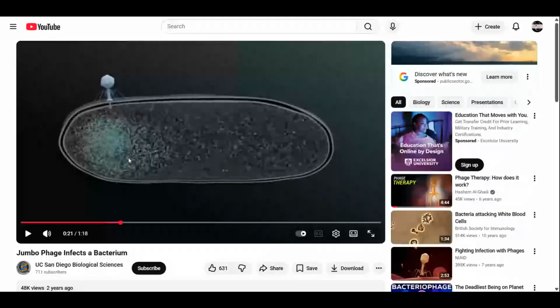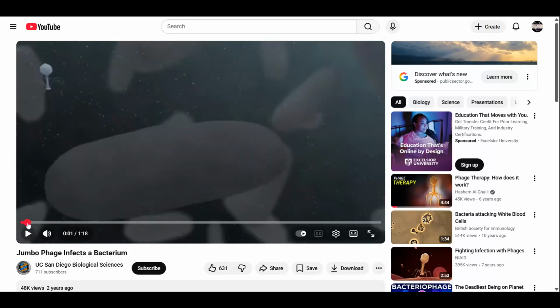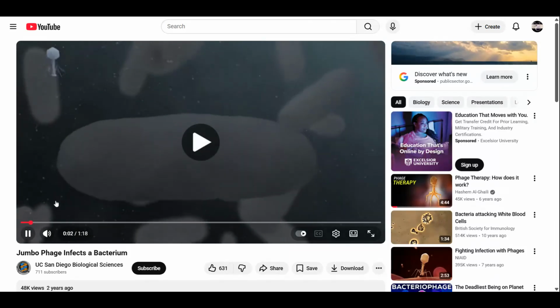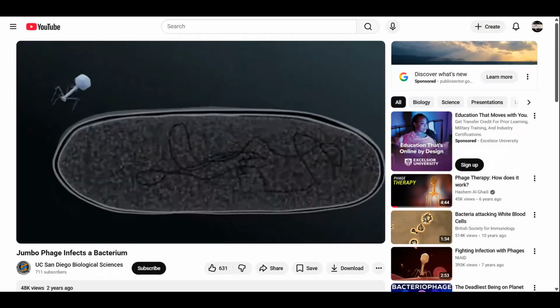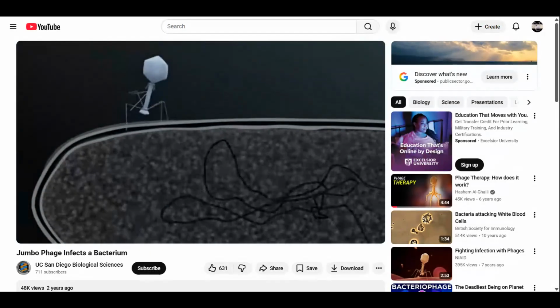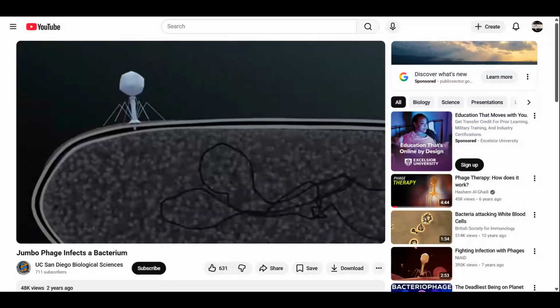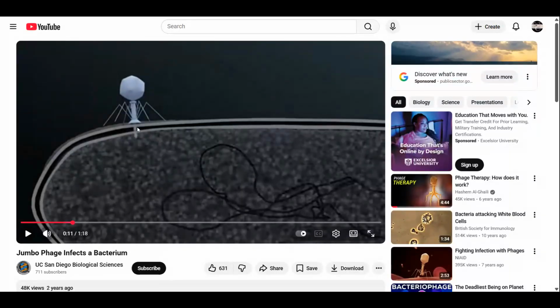Here is something else, right? In order for this invasion to happen, there has to be a breaking of the barrier of the cell wall of the bacterium.